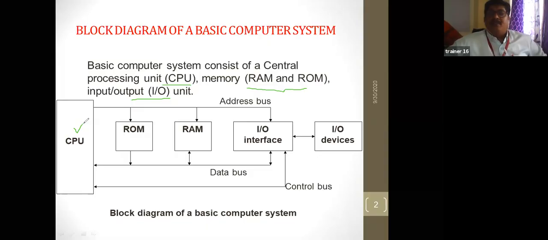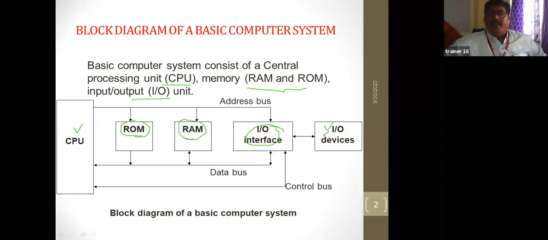ROM is read-only memory, and RAM means random access memory, and the input-output interface. That means inputs we give to the system, and then we get the output. This is the interfacing, and the data will pass through the data bus.